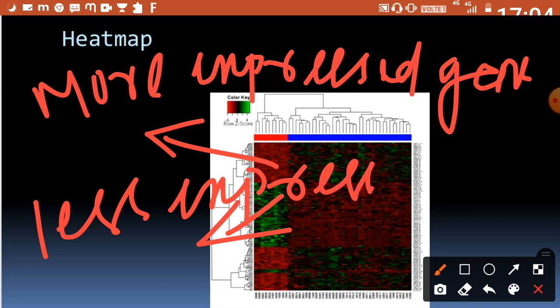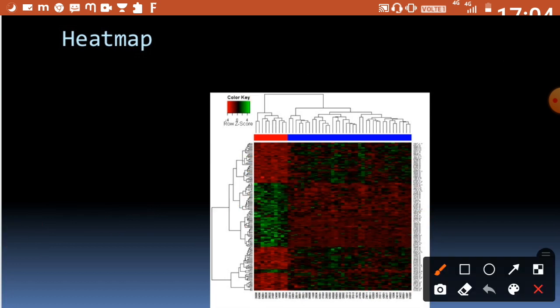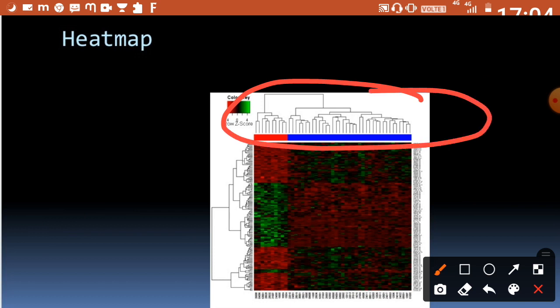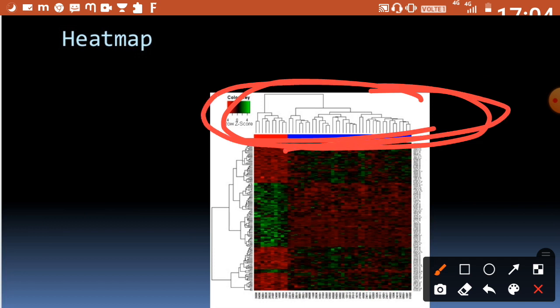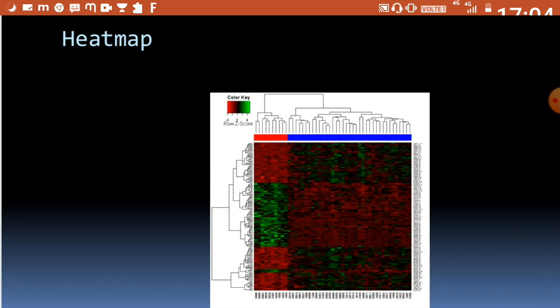Above it you can see a cladogram, or I think a phylogenetic tree. I think biology students can understand it easily, right? This is the phylogenetic tree, and this is your heat map, the result of a microarray experiment.